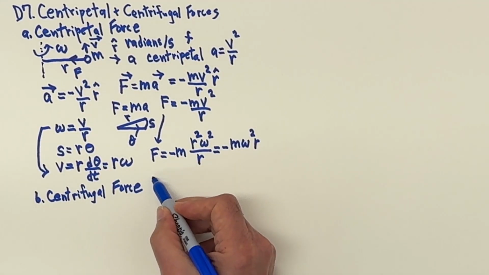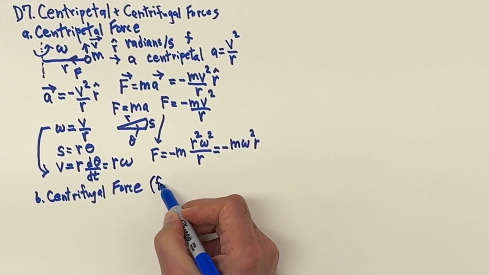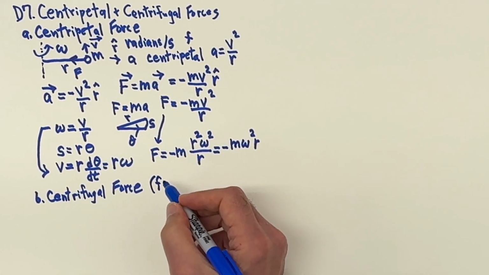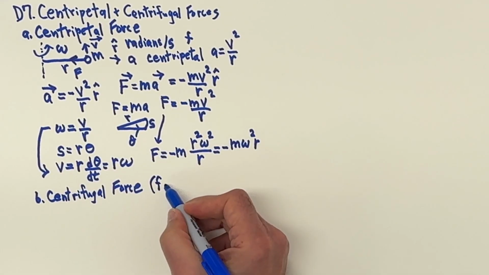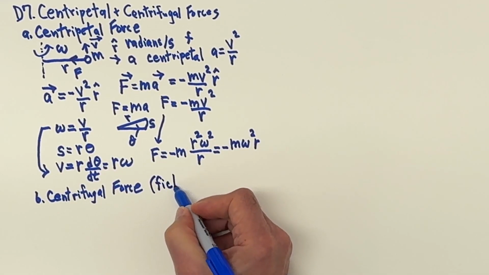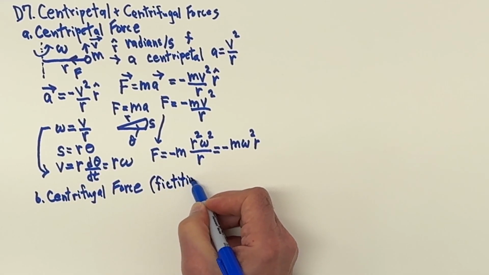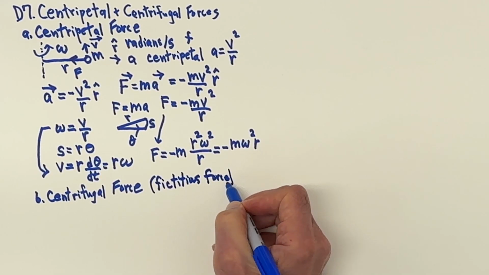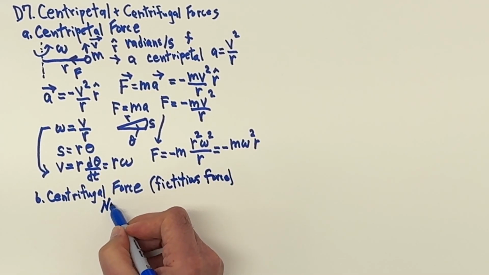So we refer to this as a force that arises when you put yourself into the car that's doing the turning. And we call that a fictitious force, because we are in a non-inertial frame.